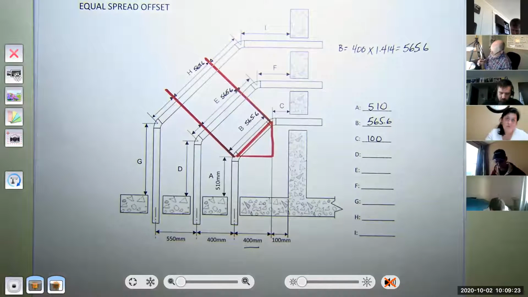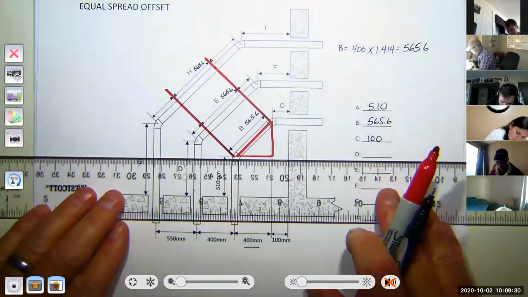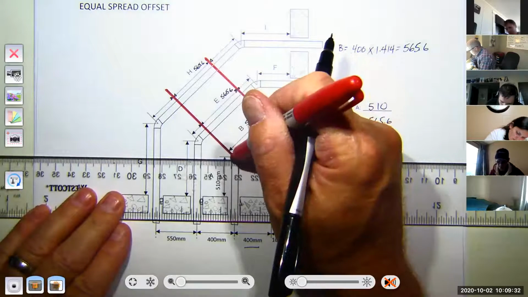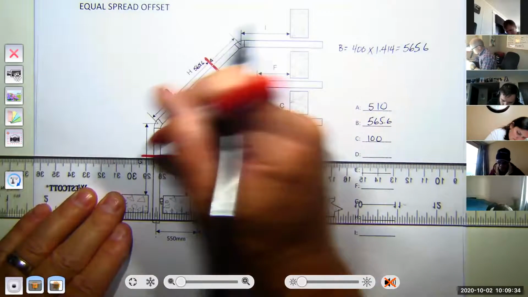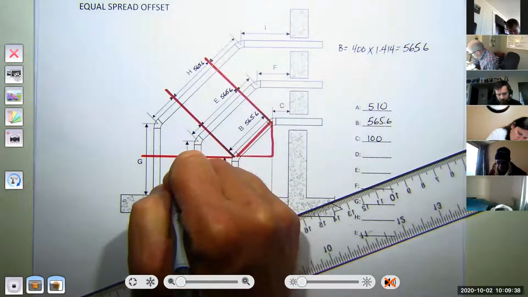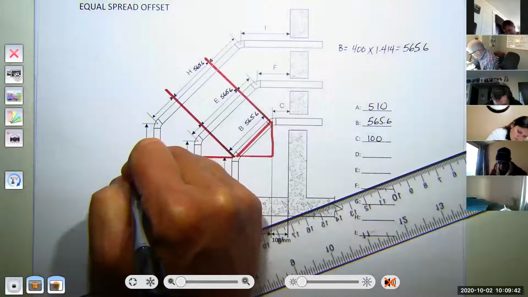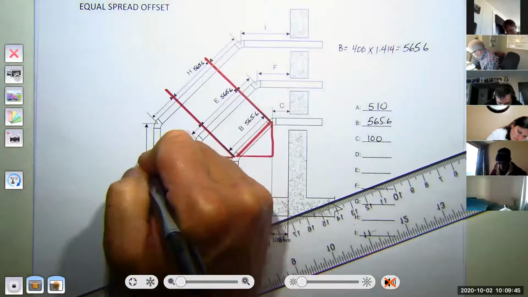Now, I'm going to extend my A measurement straight out. So I know that this is 510. And I know now that this measurement is 510.